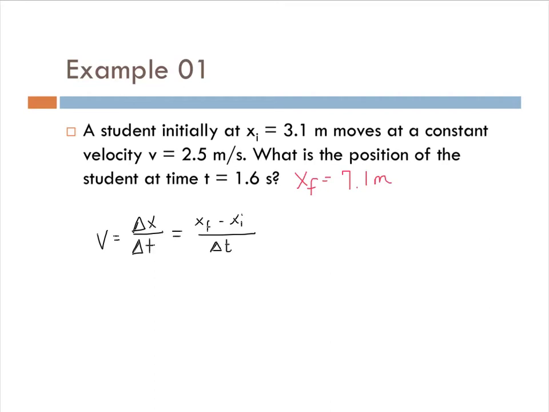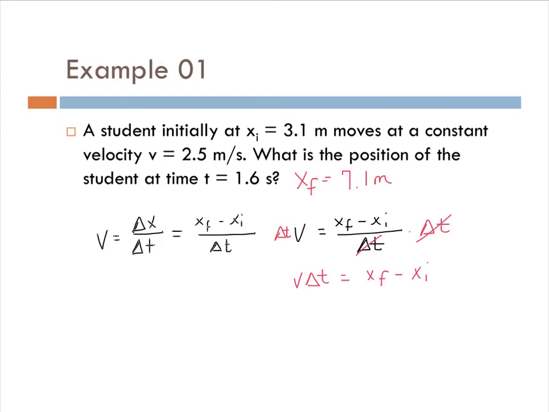So rewriting this, v average is equal to final position minus initial position over delta t. We're trying to solve for final position. So what I want to do is multiply by t, so that these cancel. And I'm left with v times delta t is equal to final position minus initial position.